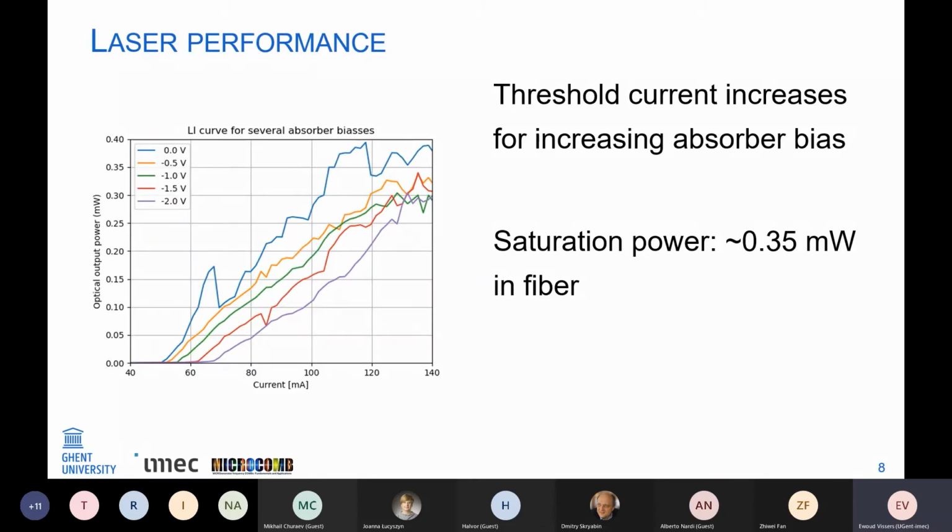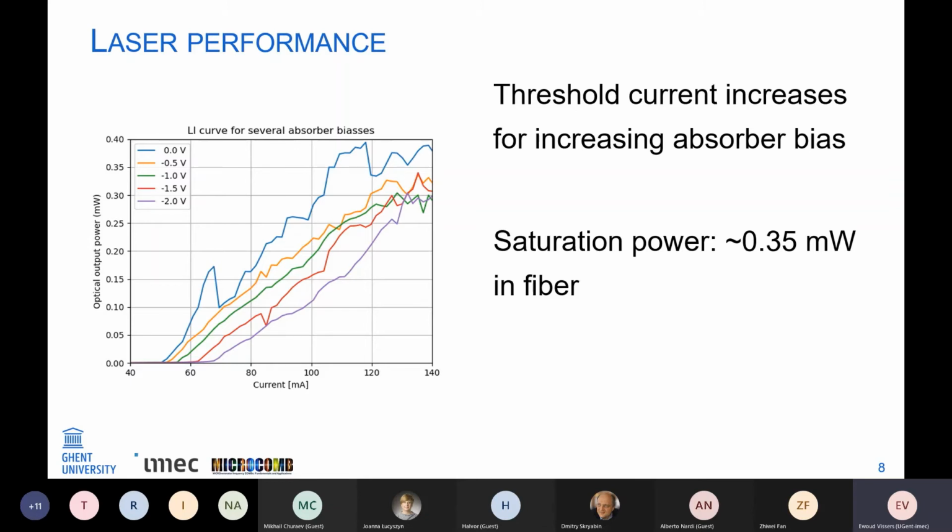So the first thing I tried was to see if I actually got lasing by seeing what the LI curves looked like. And I did this for several reverse absorber biases. And we got exactly what you would expect, that the laser threshold here increases for an increasing absorber bias, which makes sense since if you add more bias to your absorber, it will relax faster, and therefore it can absorb more photons over the same amount of time.